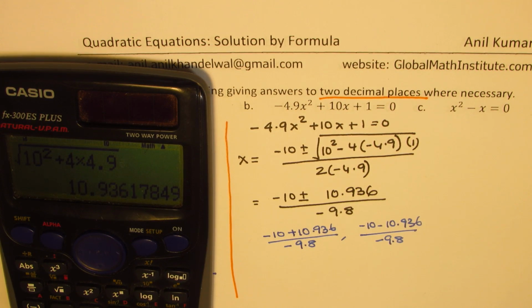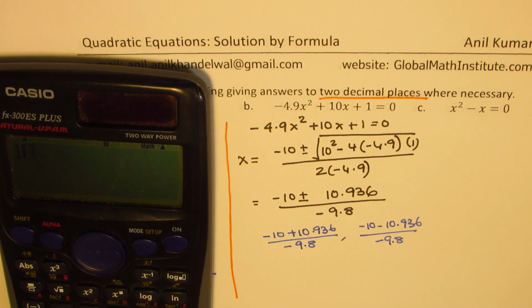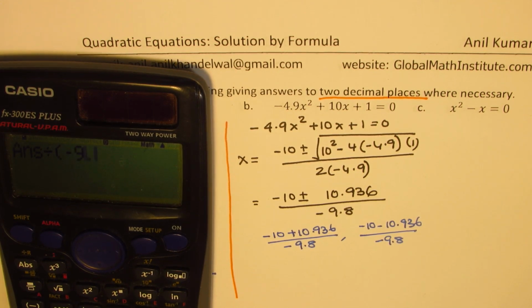So the first one, we know this is a negative answer, right? A positive divided by negative will give you a negative answer, right? So let's do 10.936 minus 10 divided by, within brackets, minus 9.8.